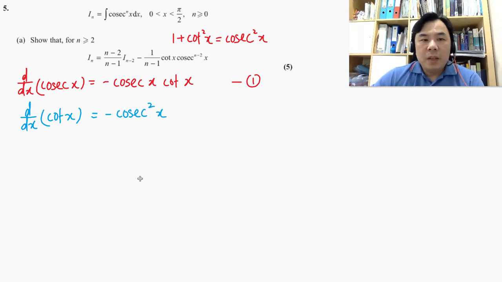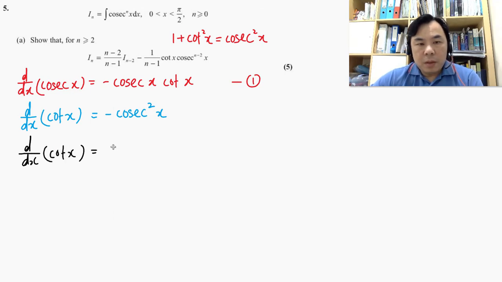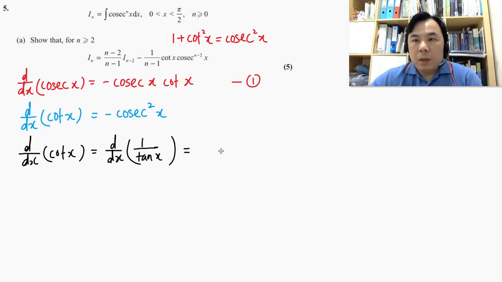I'll apply the same method to show you how I derive this result. Differentiating cotangent x is the same as differentiating 1 over tangent x, so the same procedure, I can apply my quotient rule.